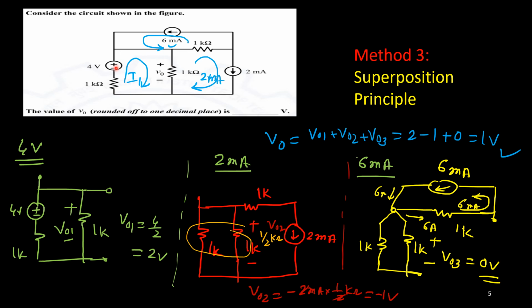So 4 volt minus this drop, I1 minus 2 times 1, and I1 into 1, will give you 0. Again, if you solve it, you will get the same result, V0 equals 1 volt. You see, this 6 ampere is not contributing at all, because here current is flowing but there is no resistance here, so it will not contribute. Only the 2 ampere current source will contribute to this potential, right? I hope you have got the point.